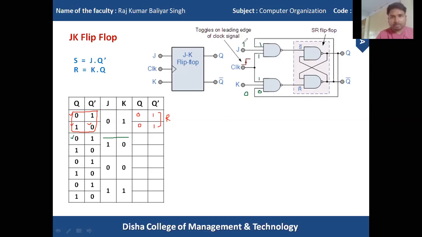When I supply 1 1 1 to this NAND gate, it will produce 0. And for this case, if I supply 1 0 0 0 to this NAND gate, it will produce 1. So for this 0, the NAND gate produces 1 here.